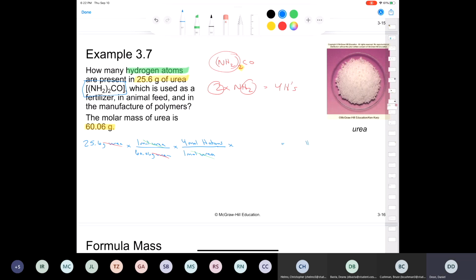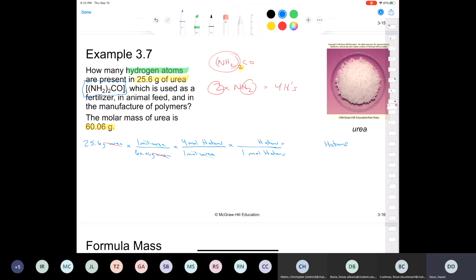Look, I'm looking for number of H atoms, okay? Maybe I should just put here hydrogen atoms instead of number of. Not from the periodic table, no. Where would I get something that's going to have moles of hydrogen atoms down here, and then the number of hydrogen atoms on top? What did Chris say? Avogadro's number.